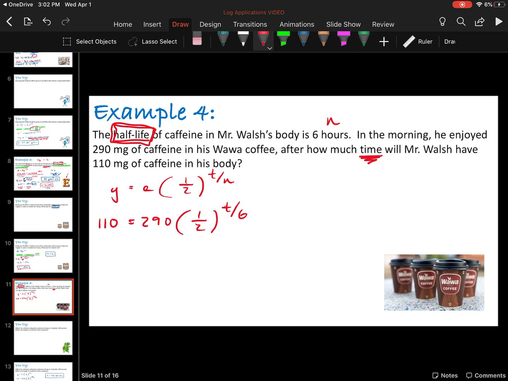When you solve these out, just like before, divide by 290 on both sides. I'm going to leave it as 110 over 290. That way I don't have to worry about rounding anything. 1/2 to the T over 6. Take the log of both sides.